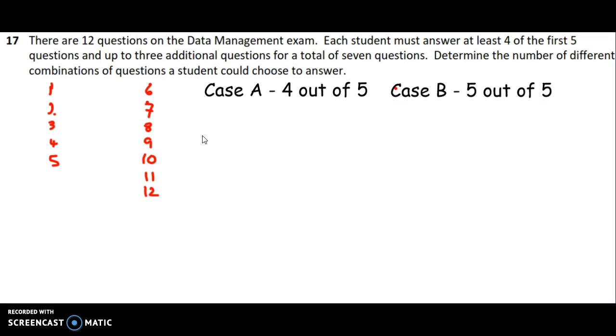Okay, so here's 17. The question asks, how many different combinations of questions could a student choose to answer?